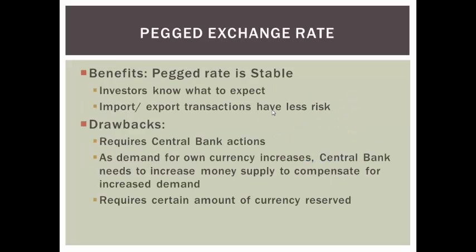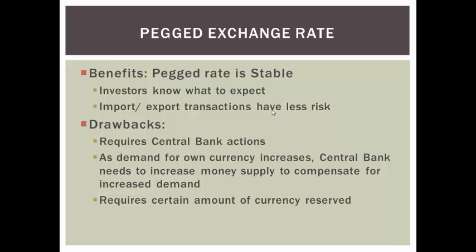A couple of last things. Pegged exchange rate, it's that second type of exchange rate that we discussed not so long ago. Pegged exchange rate means it's fixed. It's not changing. So a country's government can say, well, we decided that $1 is going to be worth 0.8 euros.